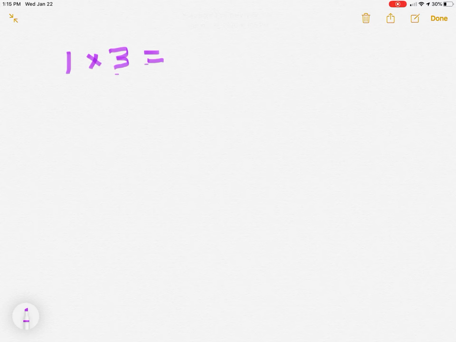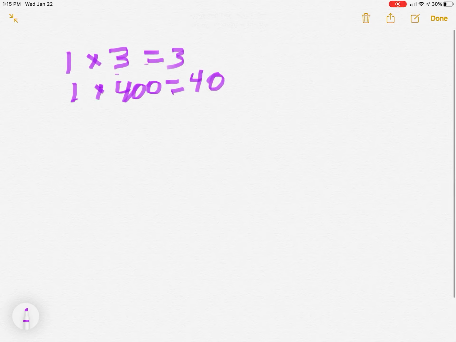So 1 times 3 would be 3. 1 times 400 is 400. My pen's not seeming to work. So 1 times anything is just that number. 1 times 1 is 1, because it's still that number.